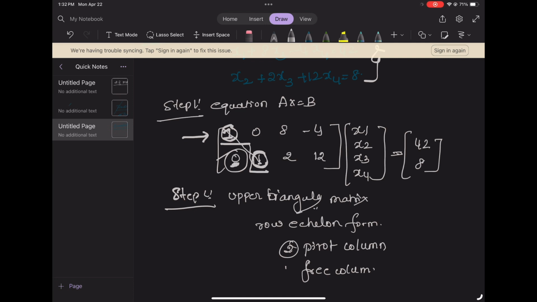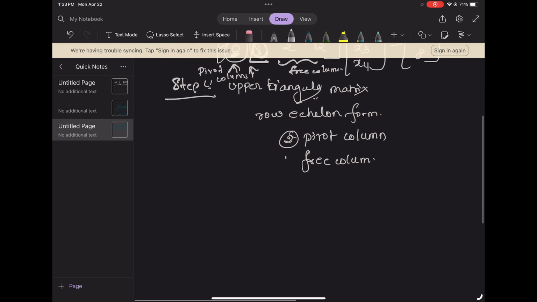So I can consider these two columns as pivot columns, and the rest two columns are called free columns. Very important, we use these in solving the problem.